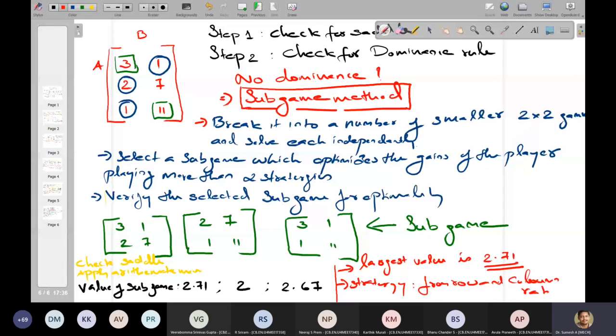And once after solving it, you have to check it for optimality.